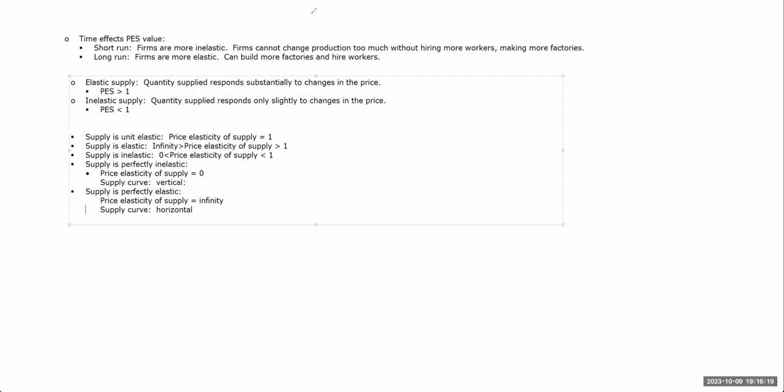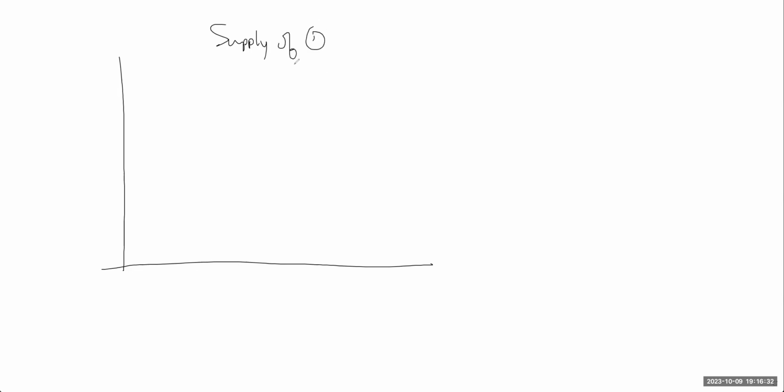So now visually, let's illustrate these. Okay, let's do this. Here's quantity of pizza, price of pizza. PES is equal to 0.